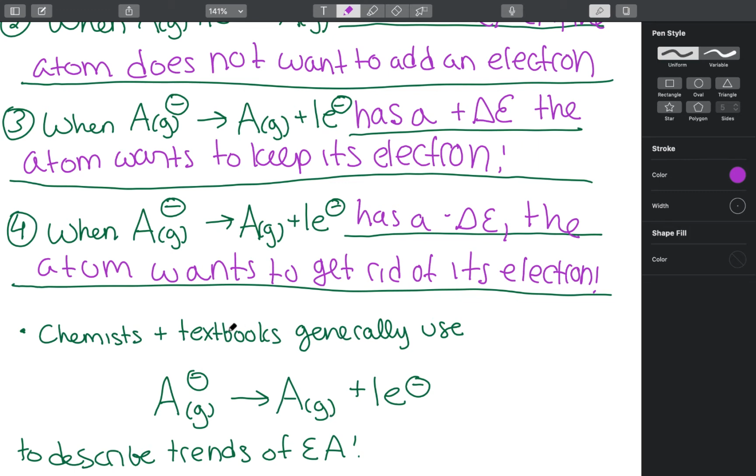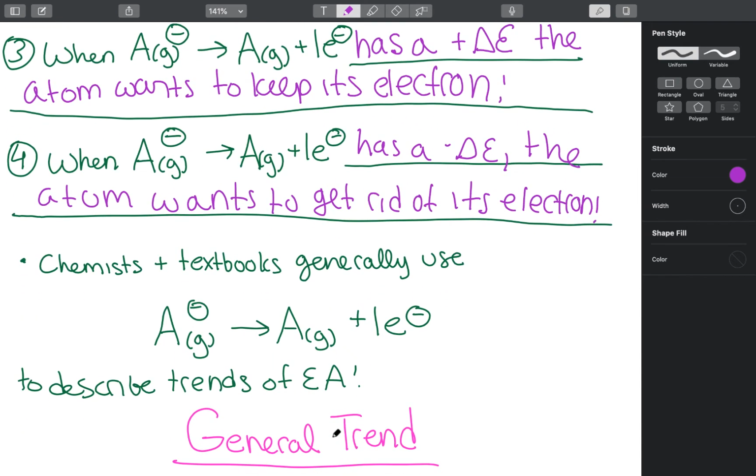The chemists in textbooks tend to use this form of electron affinity in order to describe the trends associated with it.